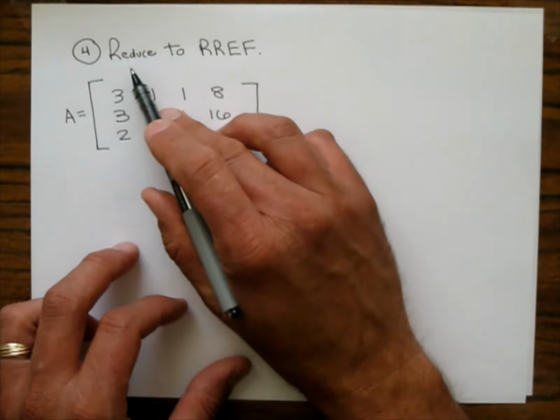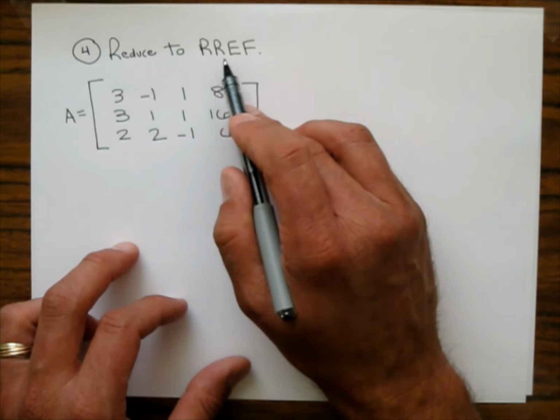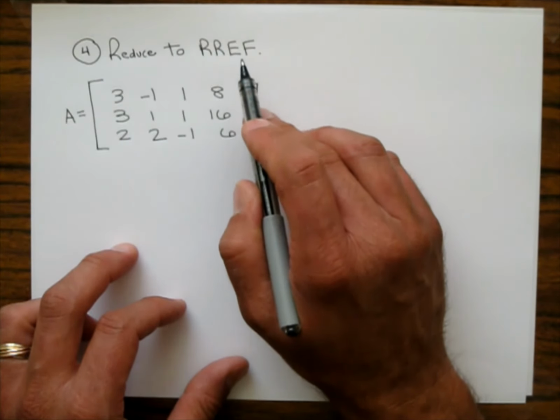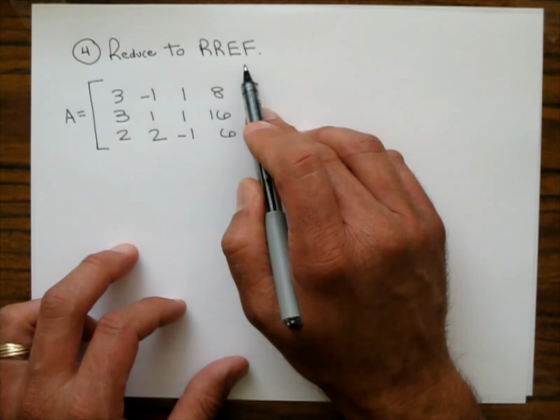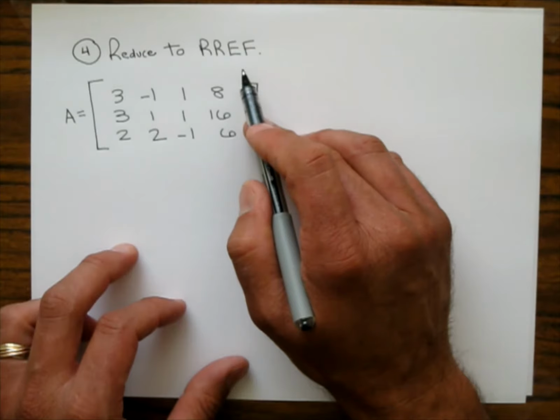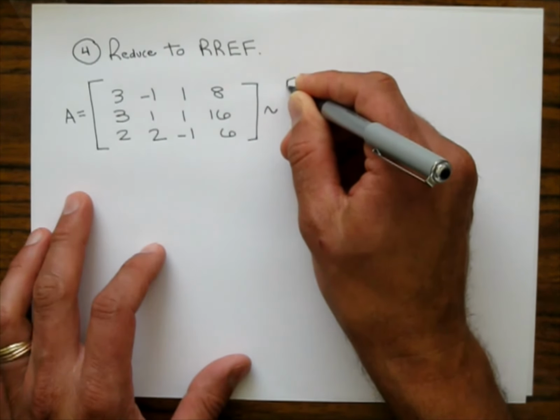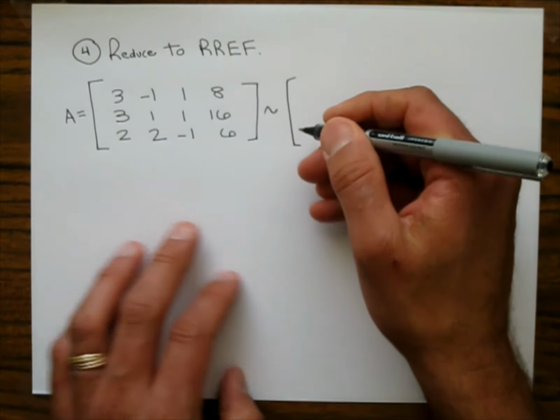The first thing you want to do when you reduce it to reduced row echelon form, so it says reduce to reduced row echelon form, your first step is put it in row echelon form. And so we did. So I'm just going to copy down what I did on the other piece of paper.